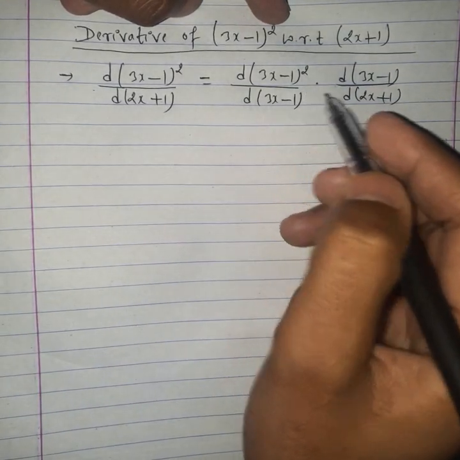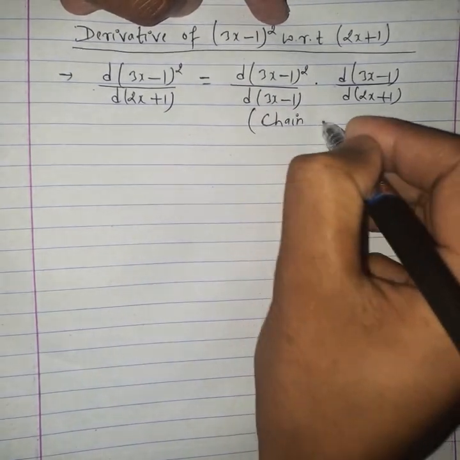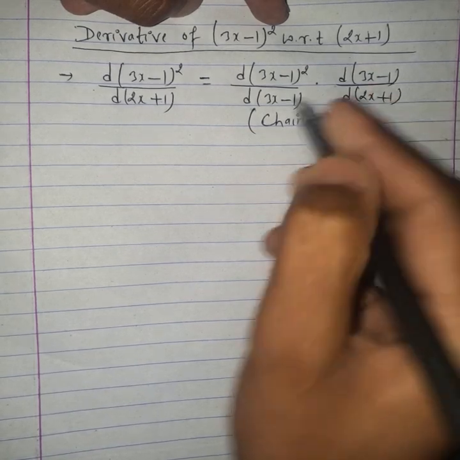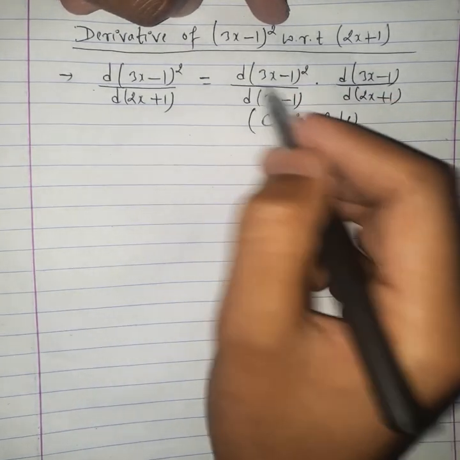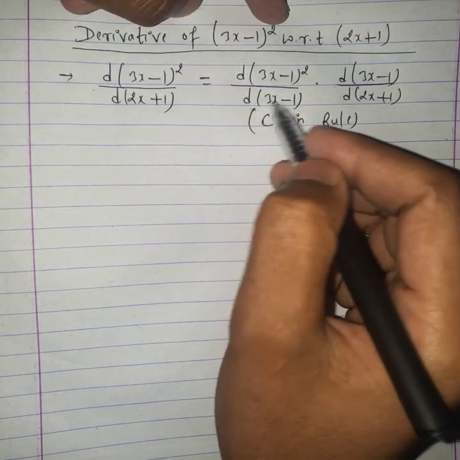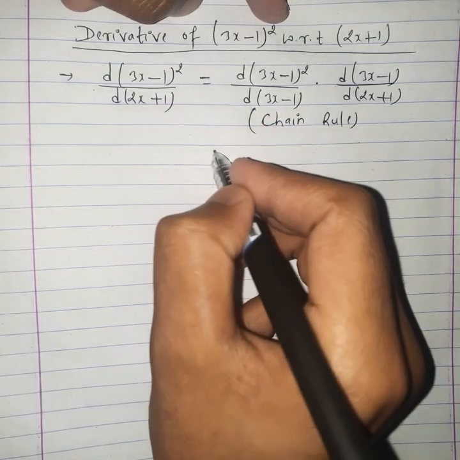We just use the chain rule. We divide and multiply this expression by d of 3x minus 1. Let's simplify this.